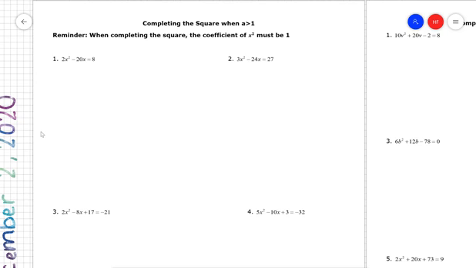So the first thing we want to do is remove that coefficient by factoring it out. So I can divide everything by 2, and I get x squared minus 10x, same process, plus something.